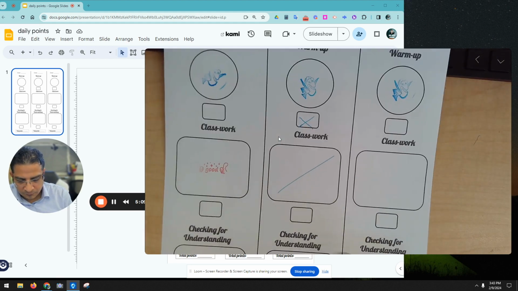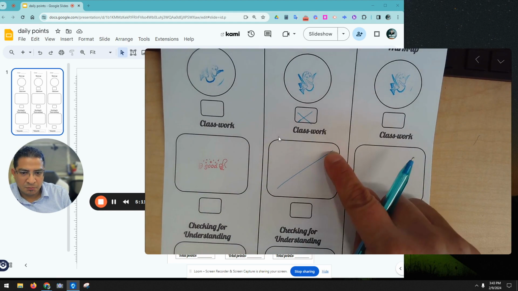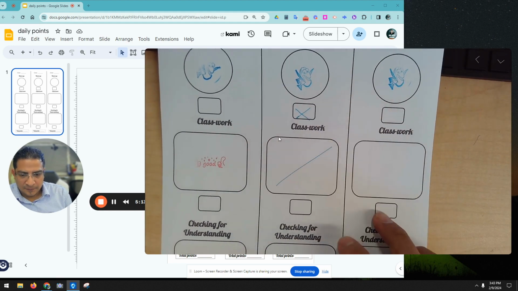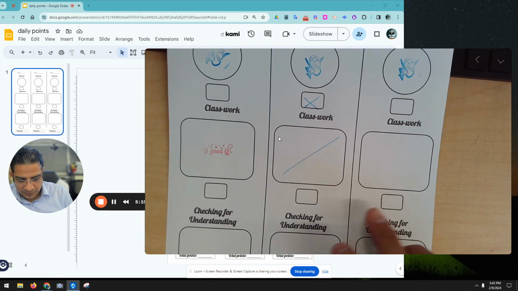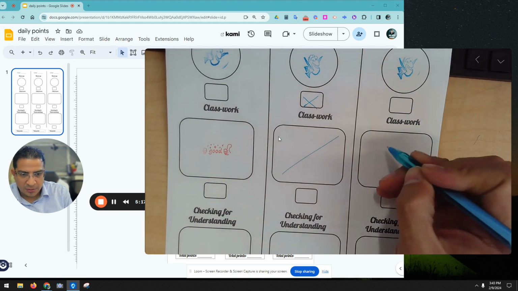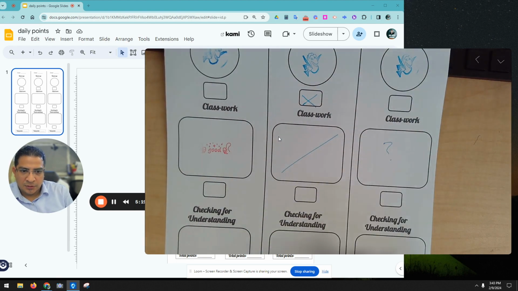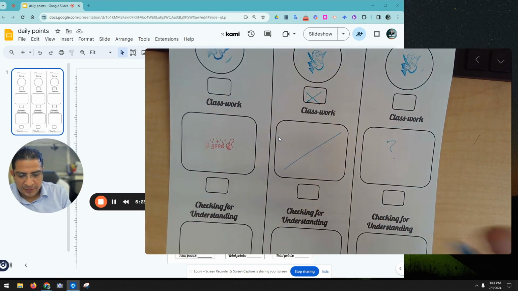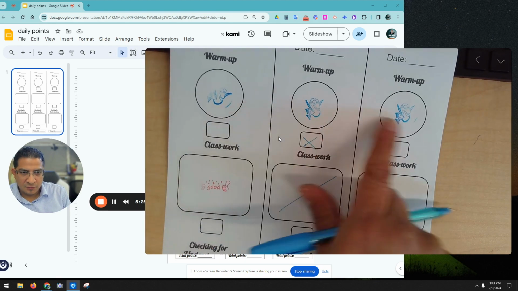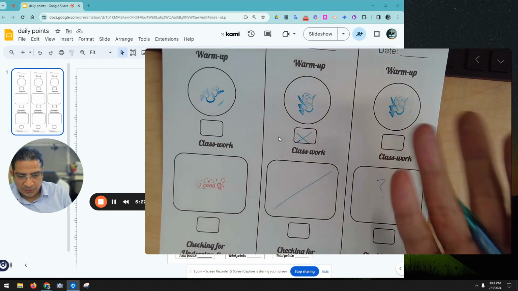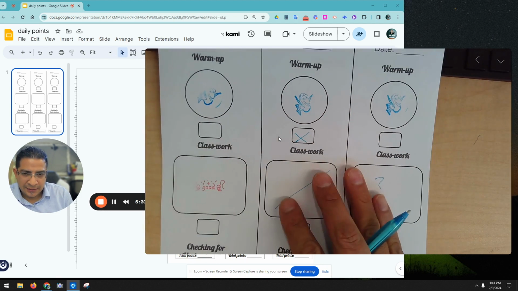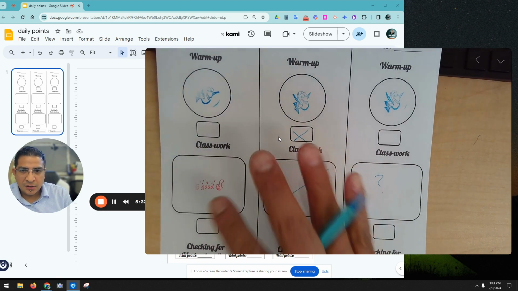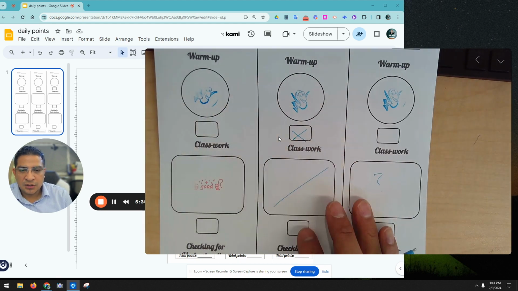And if I know they didn't do it, I just mark it like this, so I know that they didn't do it. You can also add a question mark, like, where were you? If they come late, then they wouldn't get points for this one because they weren't here. And this paper, they get to hold on to it, and they can put it on their desk so that you can monitor who's working and who isn't working.